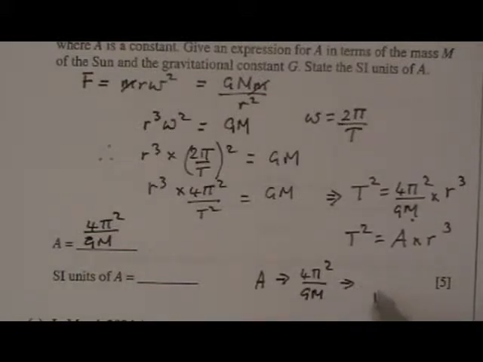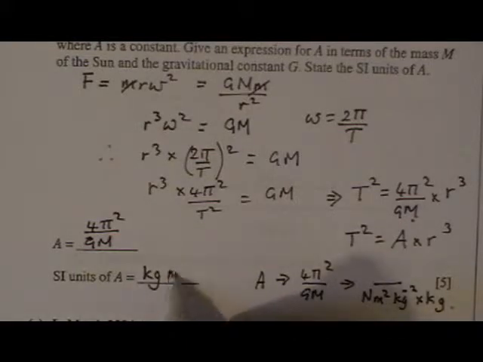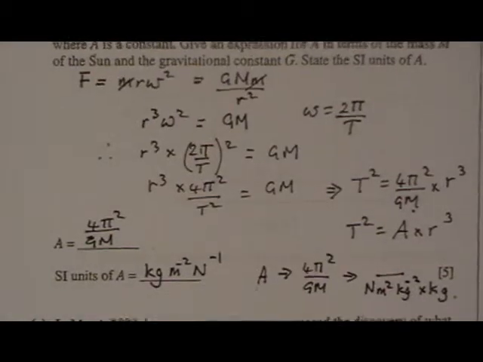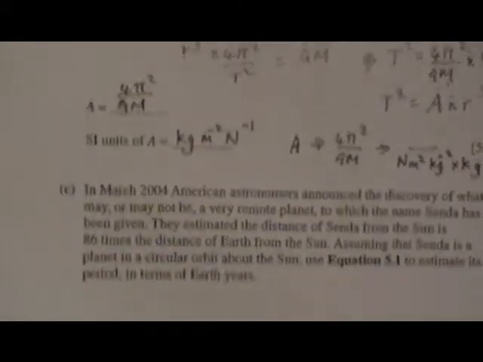On the bottom line we have newtons meters squared kilogram to the minus 2, and then we're multiplying by kilograms. So kilogram to minus 1 on the bottom becomes kilograms on the top line, and then we have meters to the minus 2, and newtons to minus 1. So the SI units for that will be kilograms meters to minus 2 newtons to minus 1.